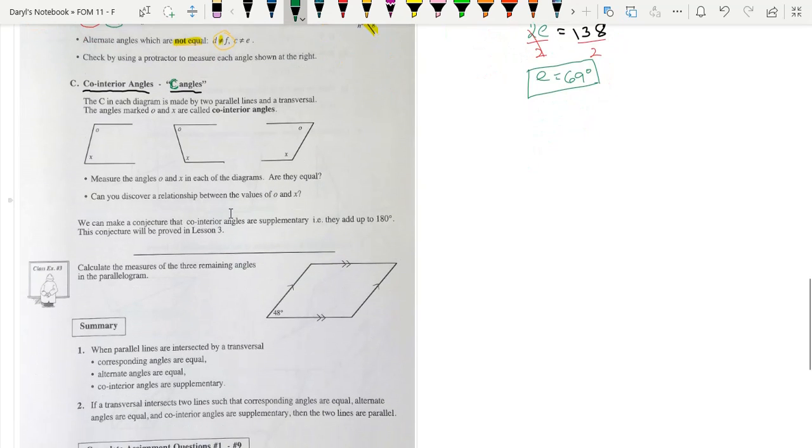Okay, if you have a protractor at home, I want you to measure these different angles here.